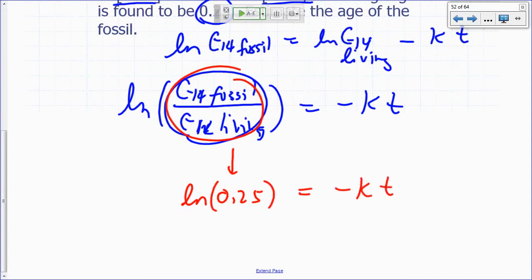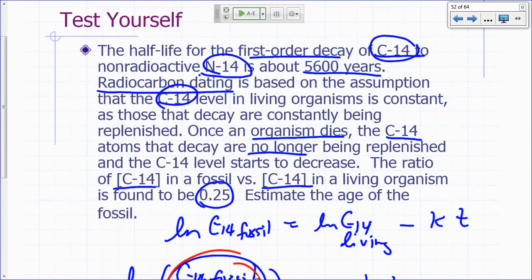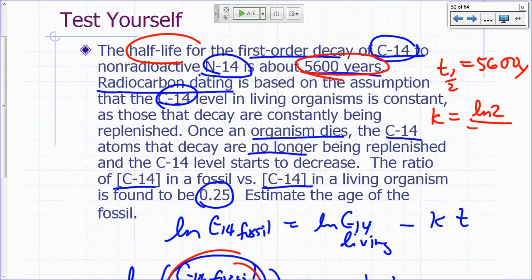What's our k? If it's first order, what's k? The half-life is 5,600 years, so that's your half-life for radiocarbon. So k is ln of 2 over 5,600 years.